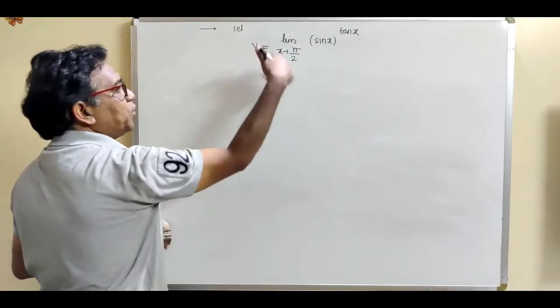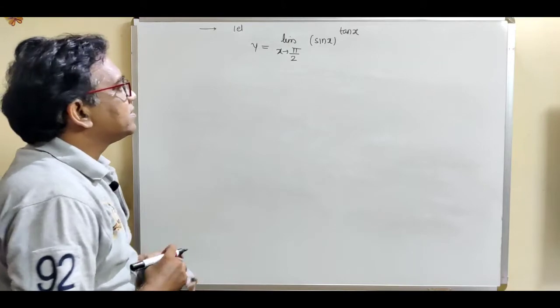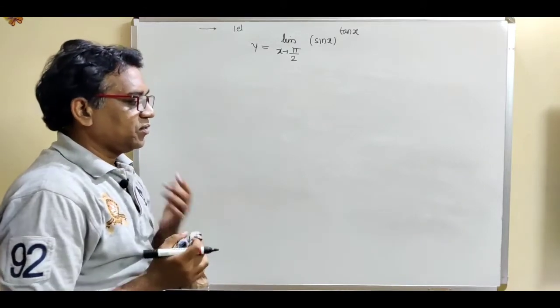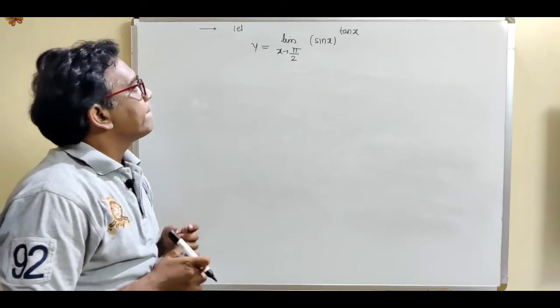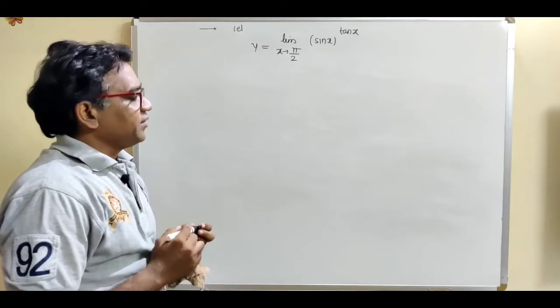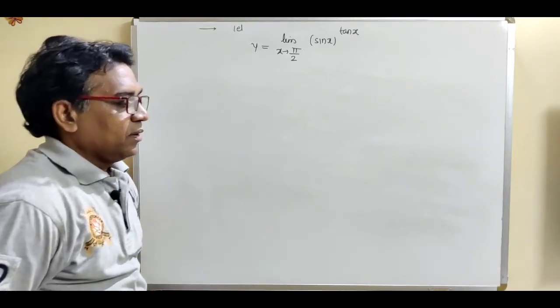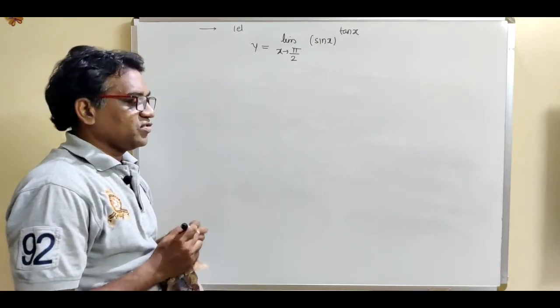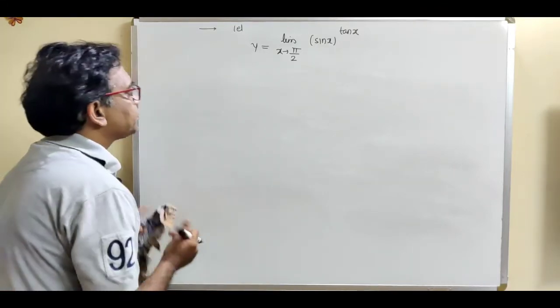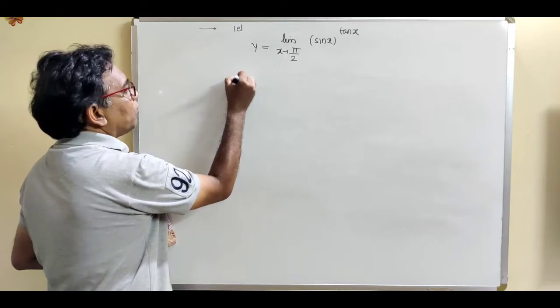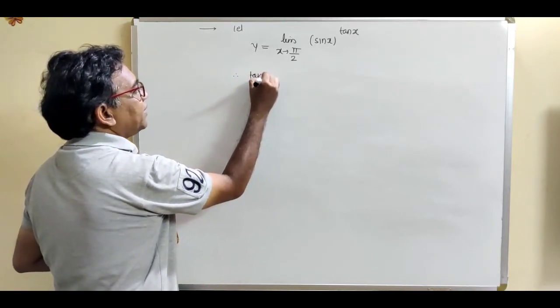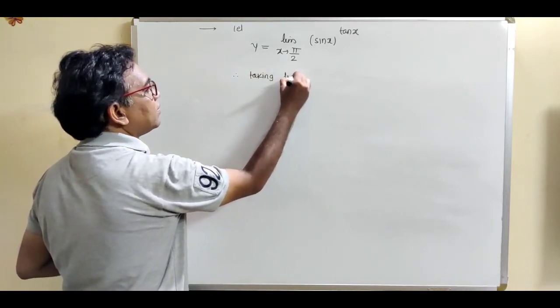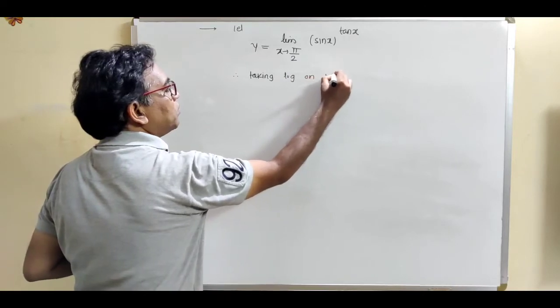First of all, denote this given limit by y. So write down, let y is equal to limit x tends to pi by 2 sin x raised to tan x. What is the next step? Taking log on both sides.